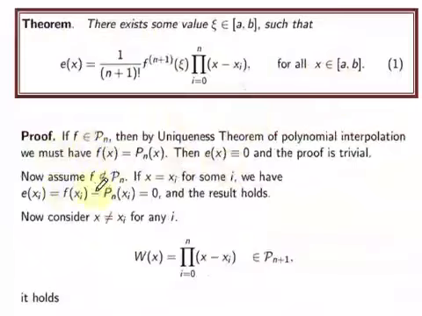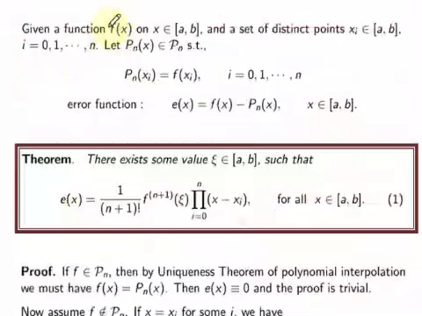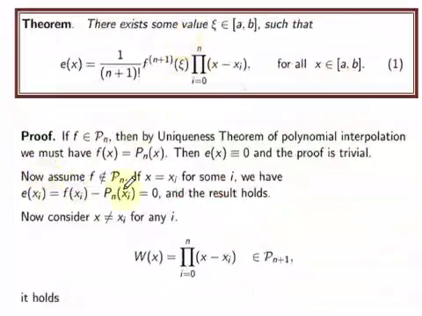And if this function does not belong to the polynomial set, let's discuss that. Consider x equal to x_i for some i. What happens to this error function?